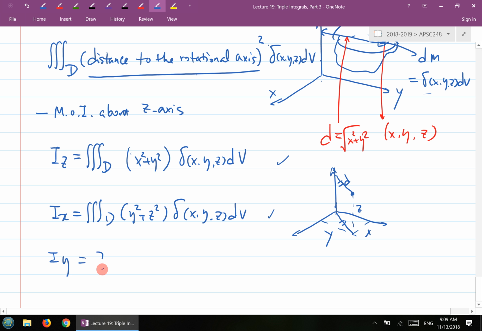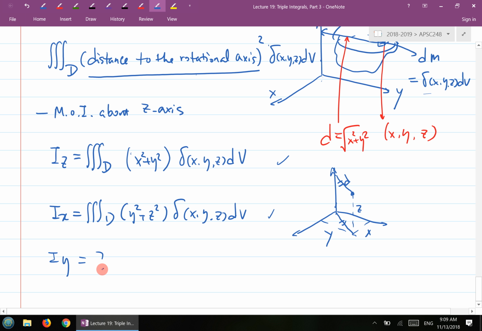So try Iy. What would be the moment of inertia about the y-axis? All of the applications, as you can see, are pretty much just a one-step expansion from the double integral. The idea is exactly the same.